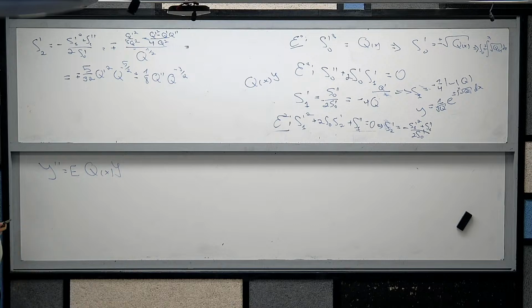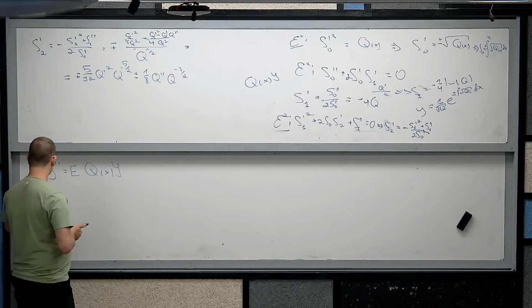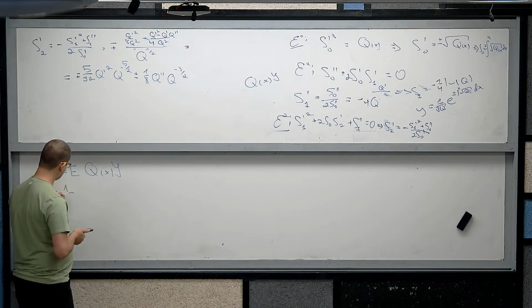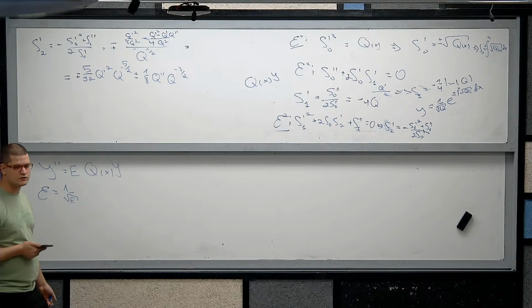And what here will be epsilon, 1 over square root of e. What does that mean? We do it practically for large energies.